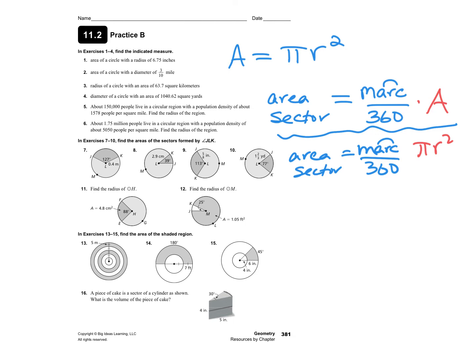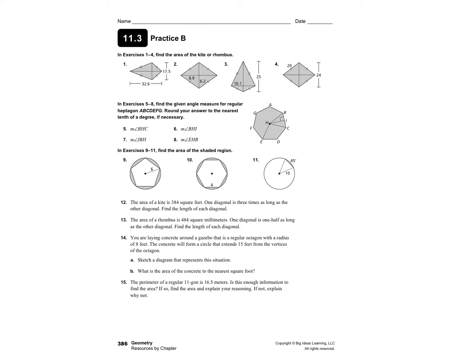Then in section 11.1 of this 3, this is where we learn to find the area of a polygon. We also learned the formula for area of a rhombus and area of a kite. That was not on the quiz, but it will show up on the test. So for rhombuses and kites, remember it's just 1/2 diagonal 1 times diagonal 2. Or again, you could do D1 times D2, divide by 2.